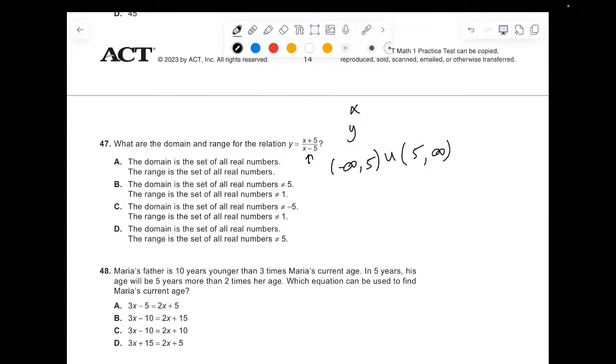This is going to be our domain. Our range is going to be equal to negative infinity to infinity. Right?